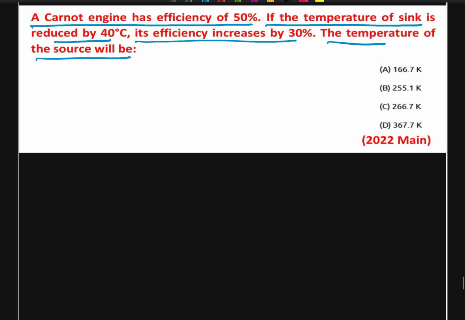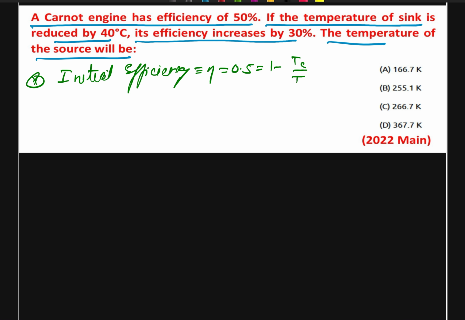Let us start with the basic formulation, which gives us that our initial efficiency, that's our nu, is 0.5, which will be equal to 1 minus temperature of cold upon temperature of hot.